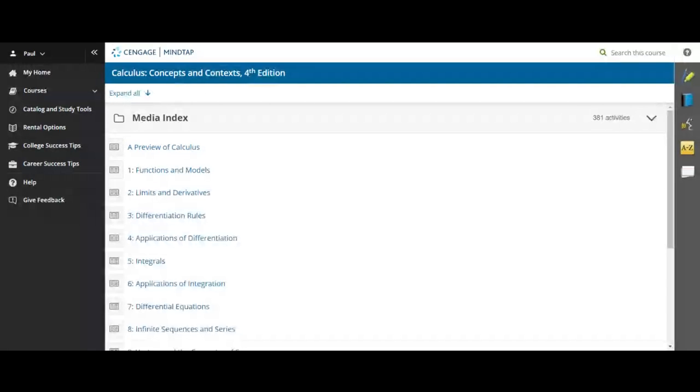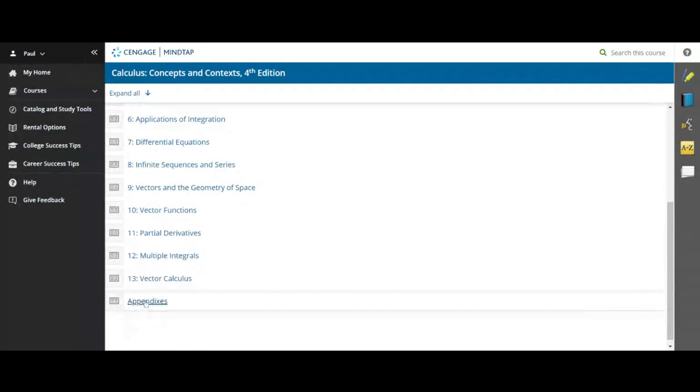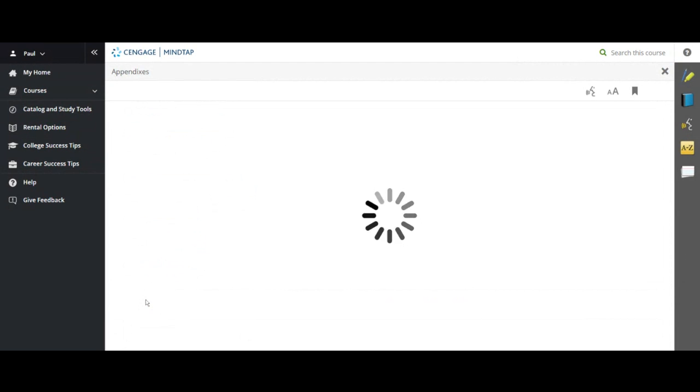Okay, let me bring up that ebook. Share application. Okay, so the ebook is showing, right? Good. So if you go down to appendices, click on that.